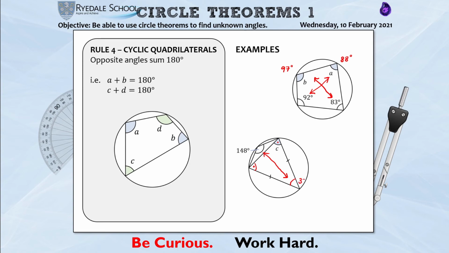So this angle here must be 32 degrees. So how can I work out C? Well, I can do 180, take away 32, which we incidentally already know, but then I need to share it equally between 2. So C ends up being 74 degrees.